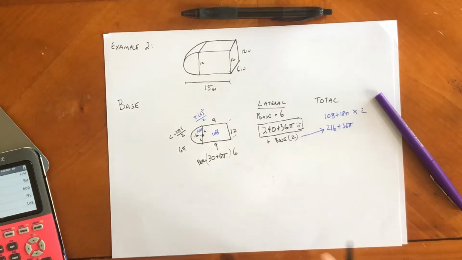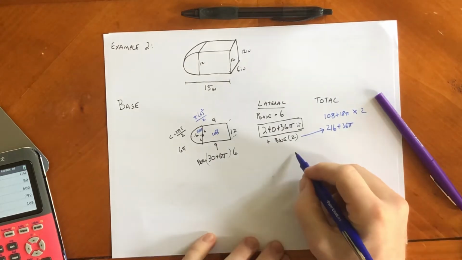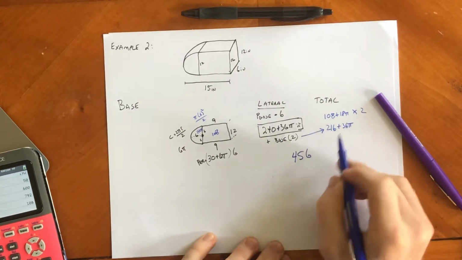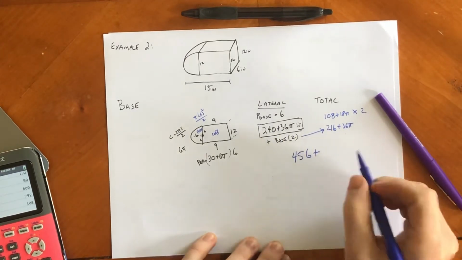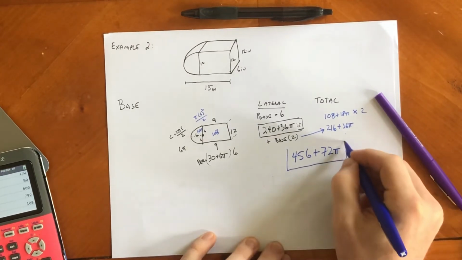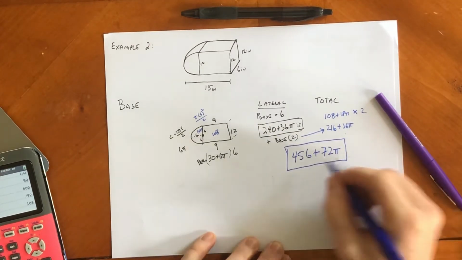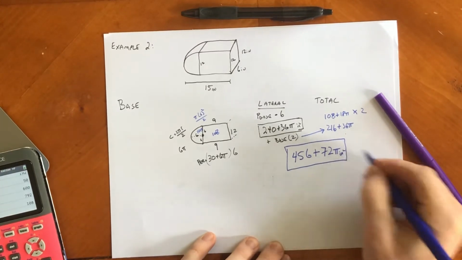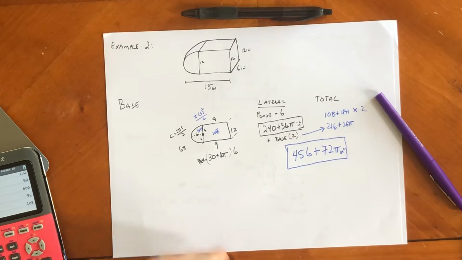Now if I want to find the total, I just take my 240 plus 216, so that gives me 456. Right? Lateral plus this plus 36 plus 36 is 72 pi. And something that you might have done on that quiz is try to combine those, but we can't do that because remember these are unlike terms. And then that's going to be inches squared is the units.